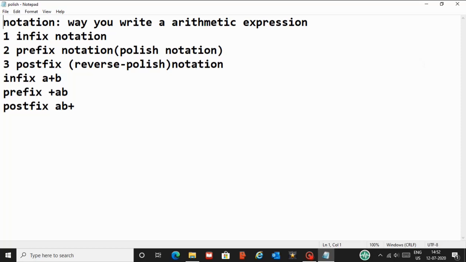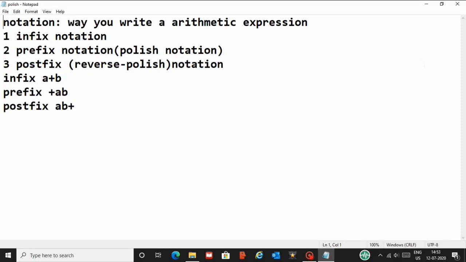So we will see how to convert an infix expression to prefix and postfix, how to evaluate an expression using a stack, and how to convert an infix to a postfix expression using a stack.